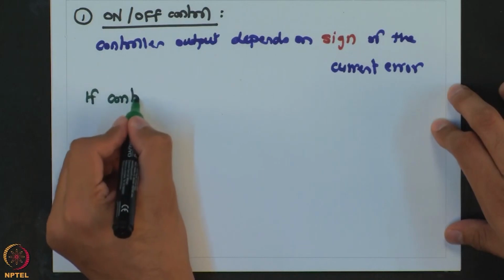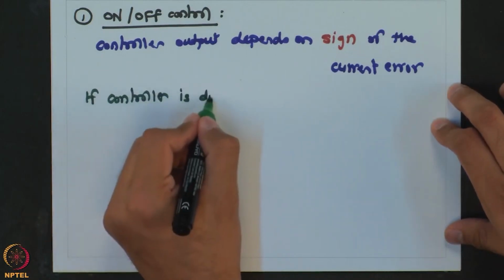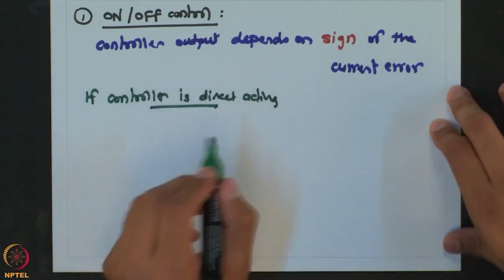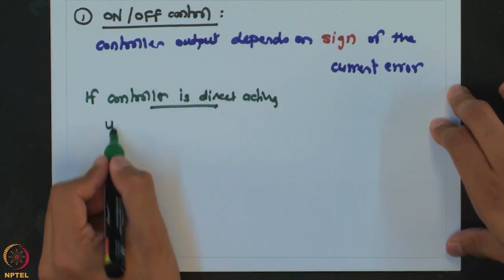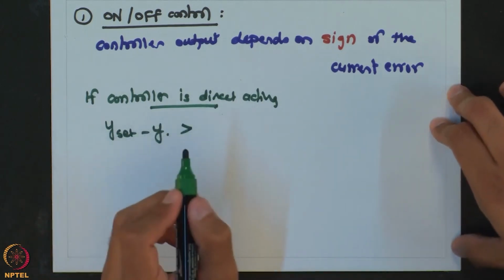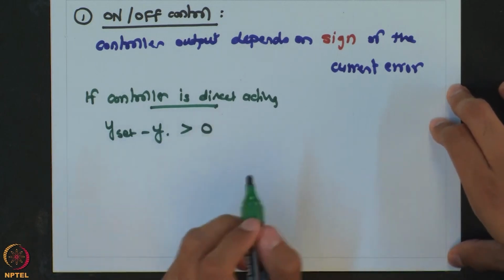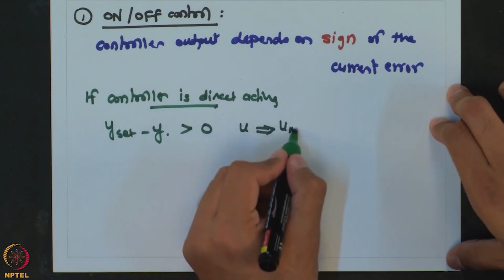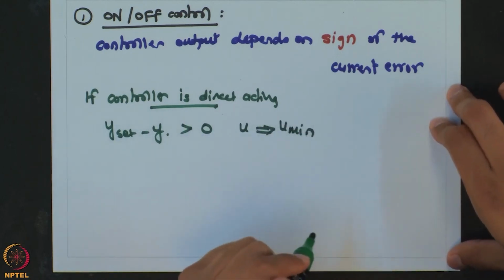So, let us say the controller is direct acting, and if y set minus y, which is the error, is greater than 0, then u will be equal to the minimum value of u.